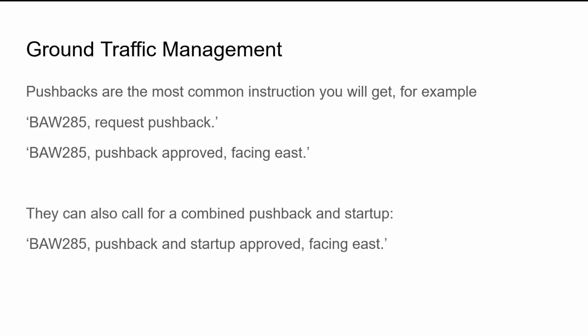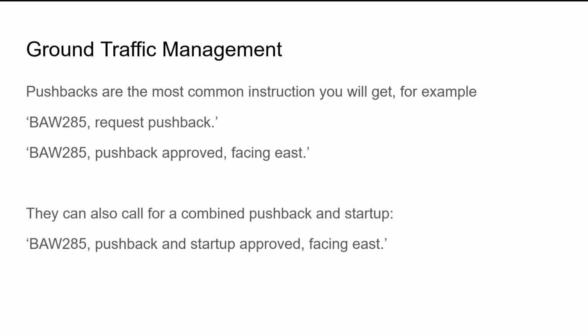And for example, Speedbird 285 pushback and startup approved facing east. Unless there's only one way to face, then you can just say pushback and startup approved. And if they call you just for pushback, it's just pushback approved facing whichever direction. Unless there is no direction to face, unless it's for example on a Rockford, there's only one direction you can go.